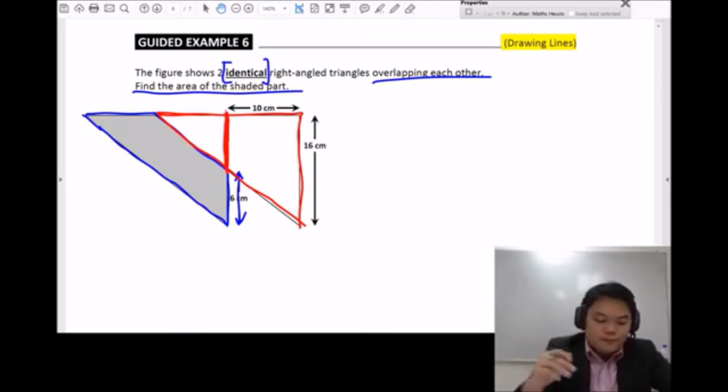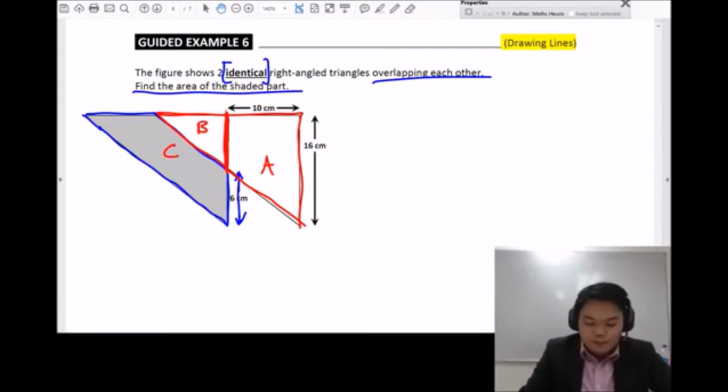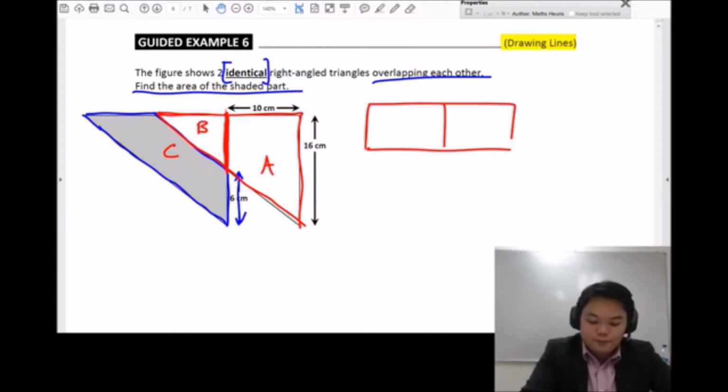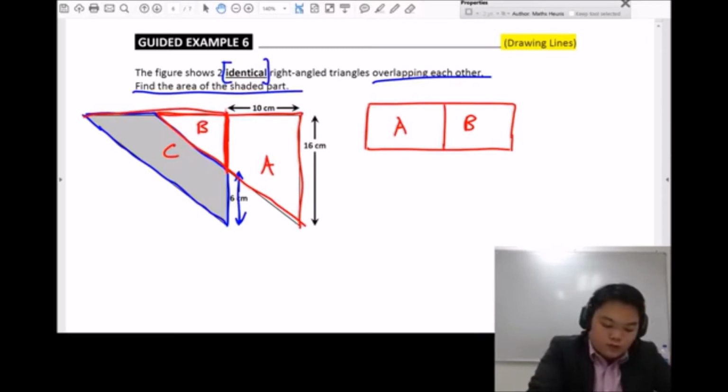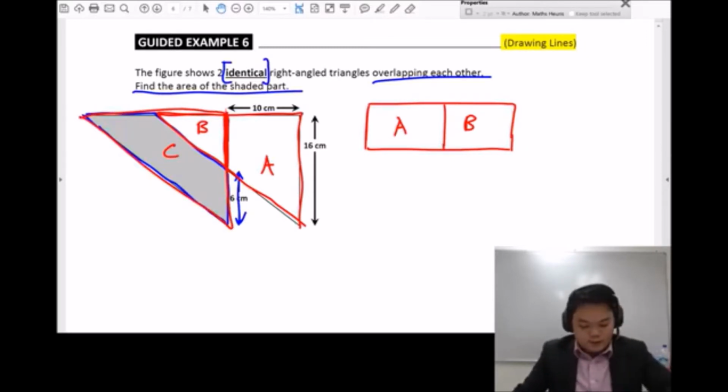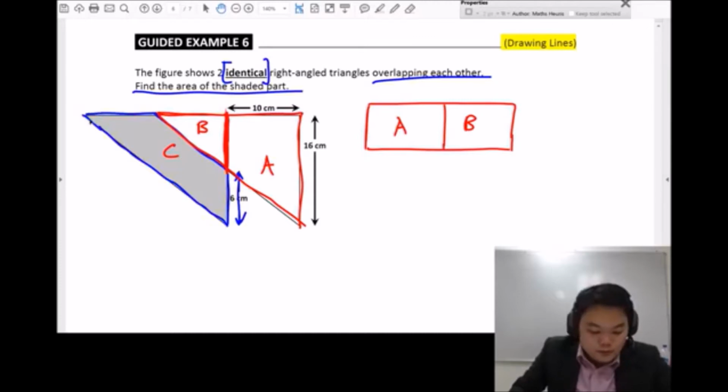So, since all of them are identical, let me call this part A, let me call this part B, and let me call this part C. The area of A and B must be equal to this triangle as well, because they are identical.